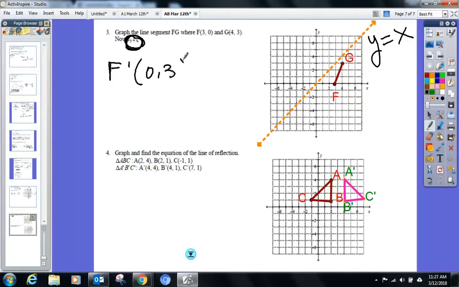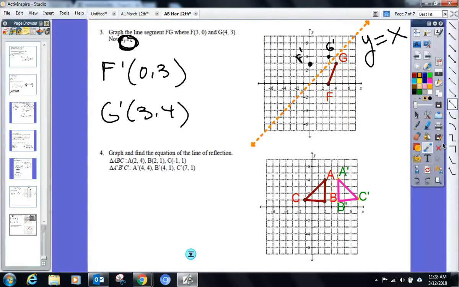When I graph it, yep, and then G prime will be 3, 4. So 0, 3 for F prime, and 3, 4 right there for G prime. Connecting those, yep.